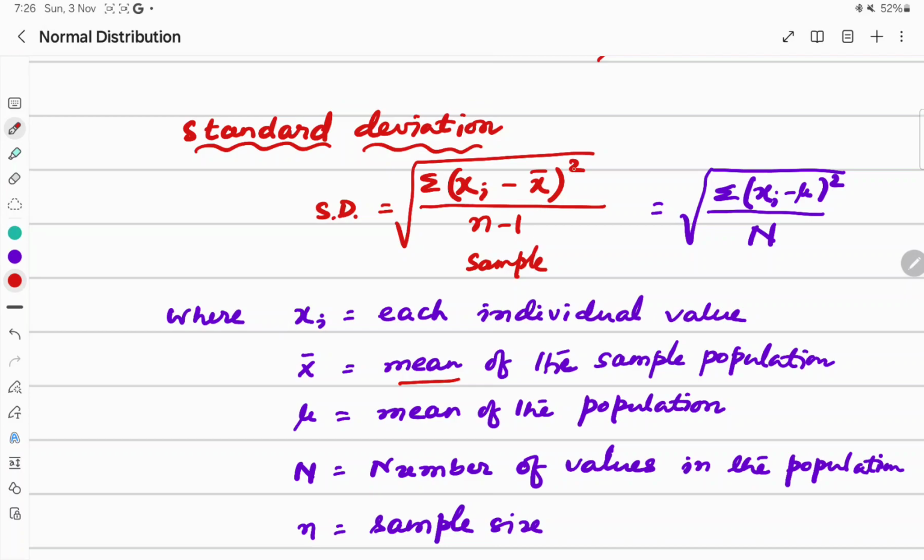So this value inside the root is actually the variance, and the square root of variance is the standard deviation. And if it is population data, then we can directly take n, and instead of the average x bar we use mu here.